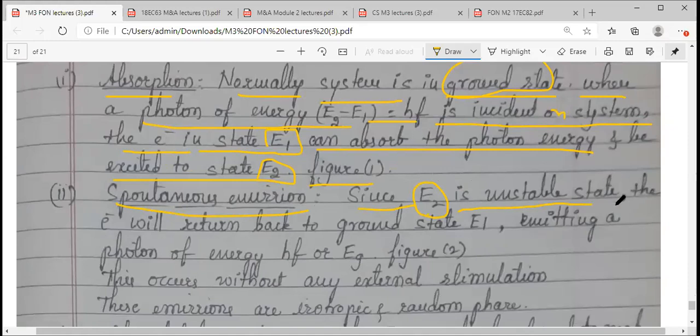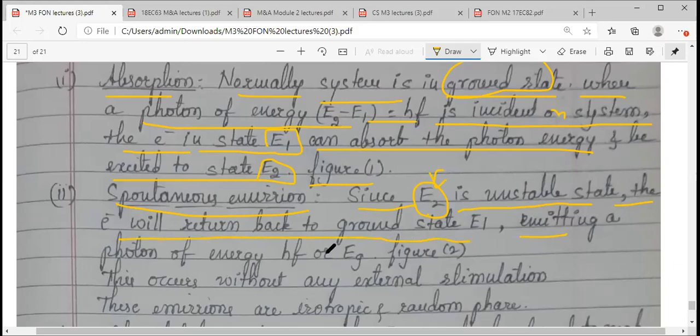So it is unstable. So whatever carriers, the electrons, are there, they will not want to stay there. They will want to return back to the original ground position. This is the tendency. Naturally, things in nature will try to attain equilibrium. So the electron will not stay long in the E2 state. It will try to return back to the ground state.